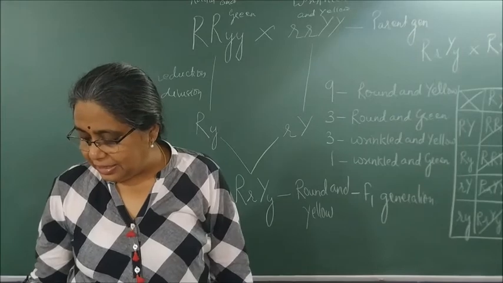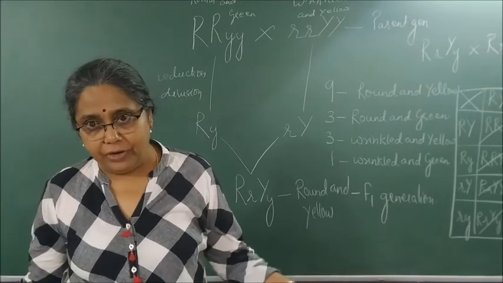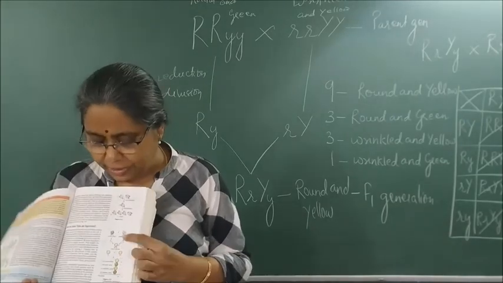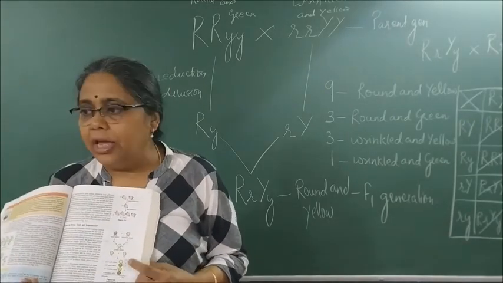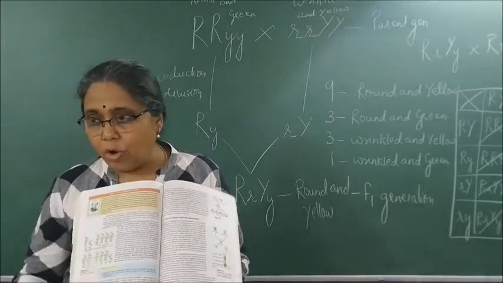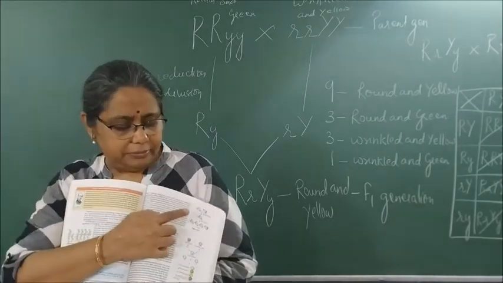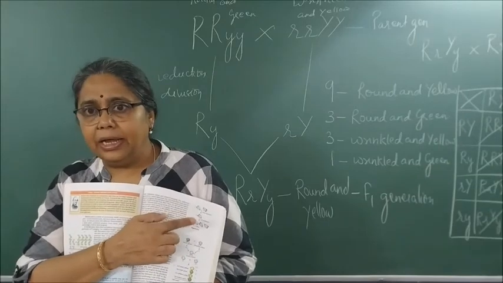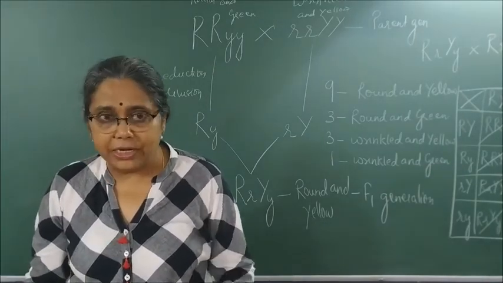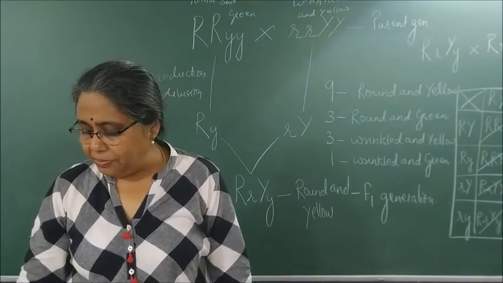This is nothing but the same thing which we have done. They have not shown the Punnett square, but they have the same logic of 9:3:3:1. Here also they have tried tall and short plants and white and purple flowers. So please read that content once from the textbook. If you do not get it, please ask.